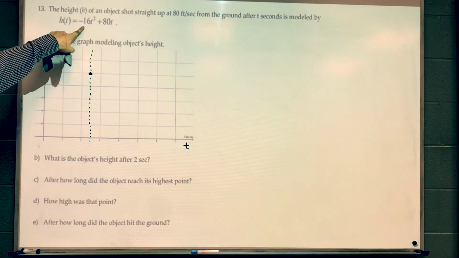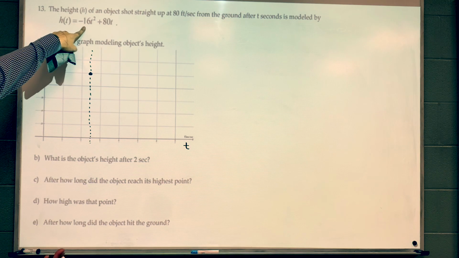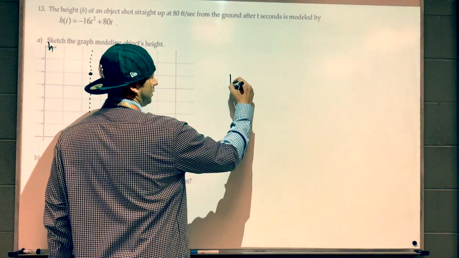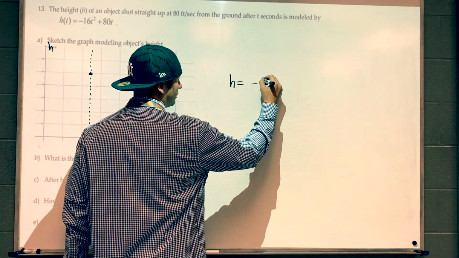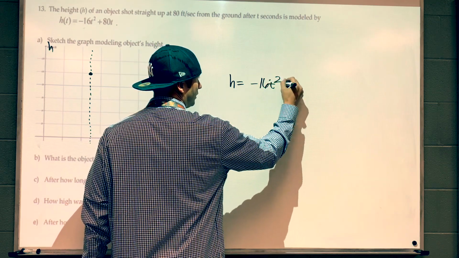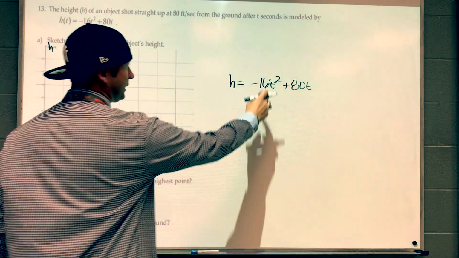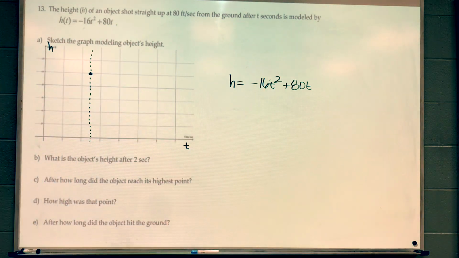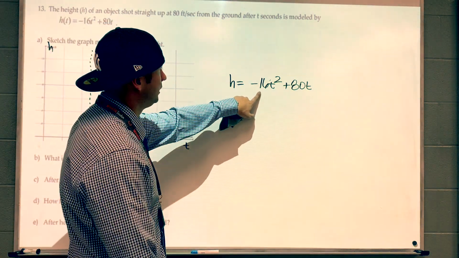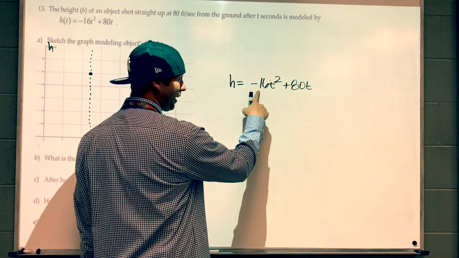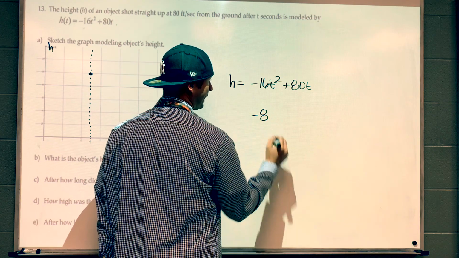All I have to do is factor this, right? Put it in intercept form. So I can factor out the GCF. Take out a negative 8.